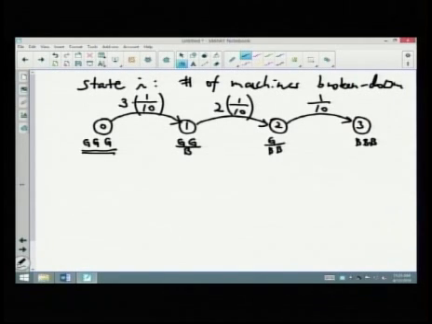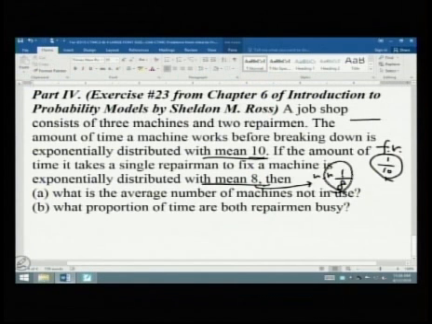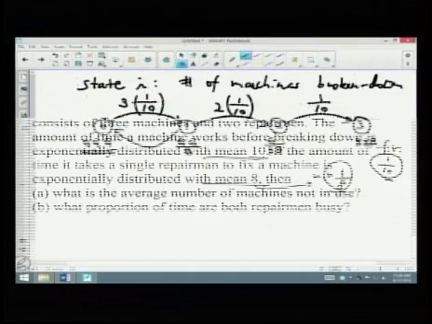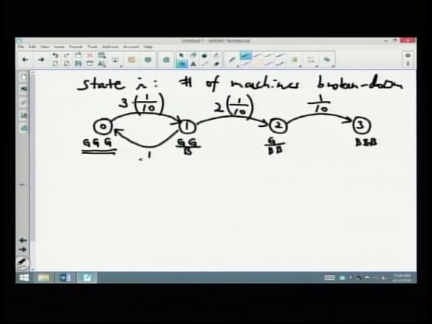Okay, now starting from state number 1, what is the repair rate then? We notice that repair rate is 1/8, right? So it's going to be 1/8. How about this? Is that going to be 1/8? Multiply by 2.